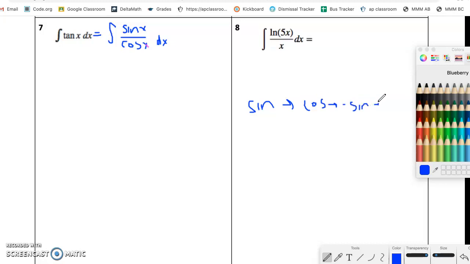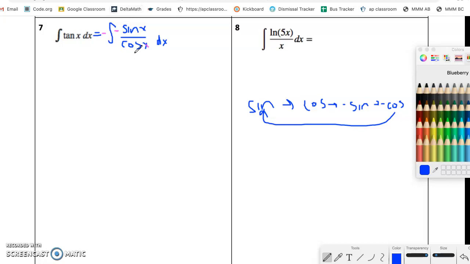And that goes to negative cosine. And then we're back to the beginning. So I see, yeah, cosine can go to negative sine. So we're missing that negative sign though. So if we put a negative here with the sine, multiplied by a negative here, and then multiply by a negative on the outside, that's the same as multiplying by a negative 1.